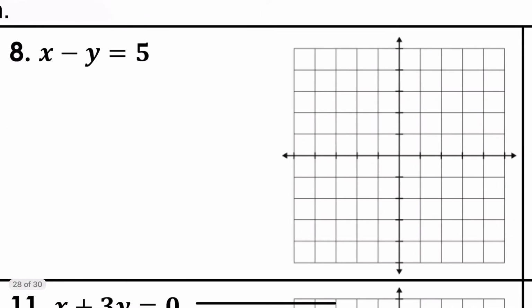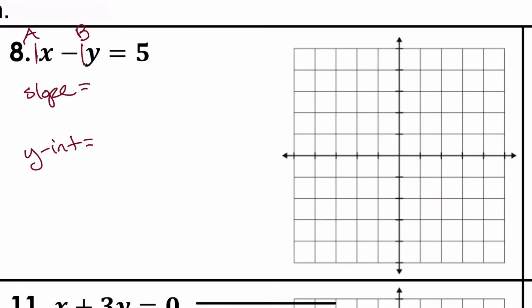Okay, so number 8 also has that same issue that we had before. There are no numbers in front of our x and y. So I'm going to put that invisible number that we always have, 1. That'll be my A, and that'll be my B. Okay, so let's find our slope and then our y-intercept.